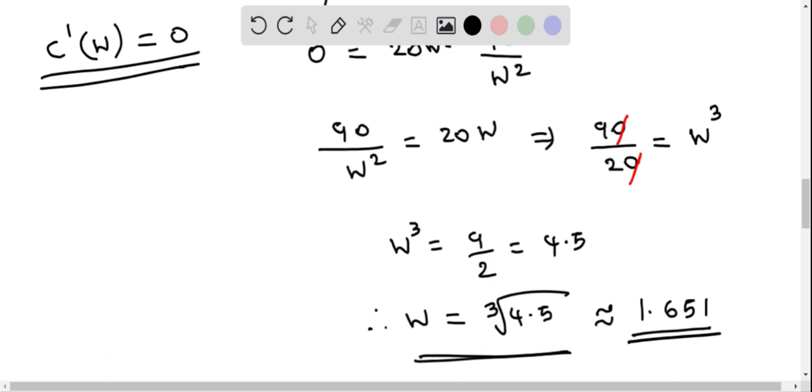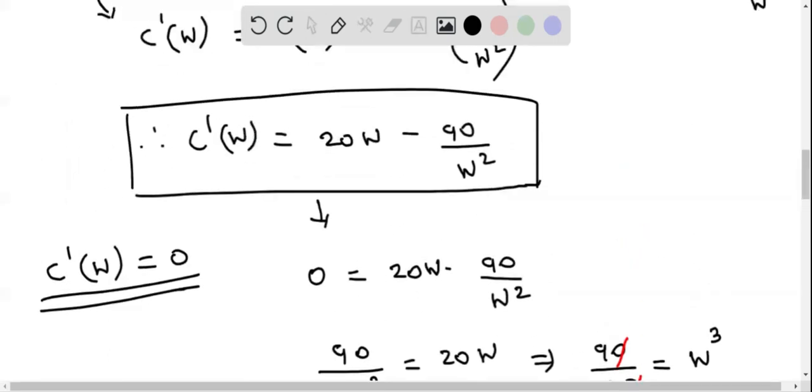Now let's check whether this point is the point of minimum, that is, at this value of W the cost is minimum. For that, we have to find the second derivative and substitute this critical point. Basically, the value of W which we have found is the critical point. At this point, either a maximum or minimum value might occur.